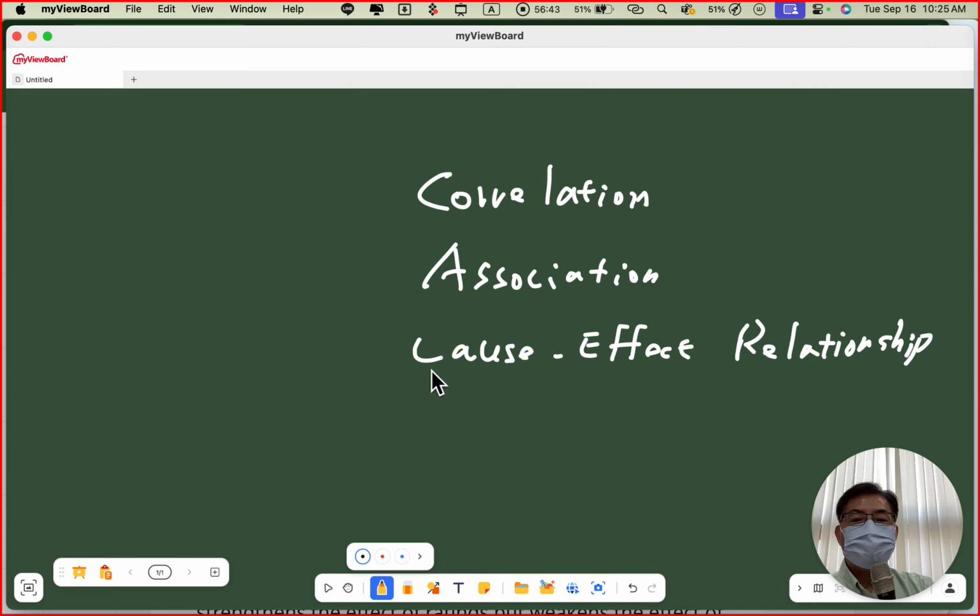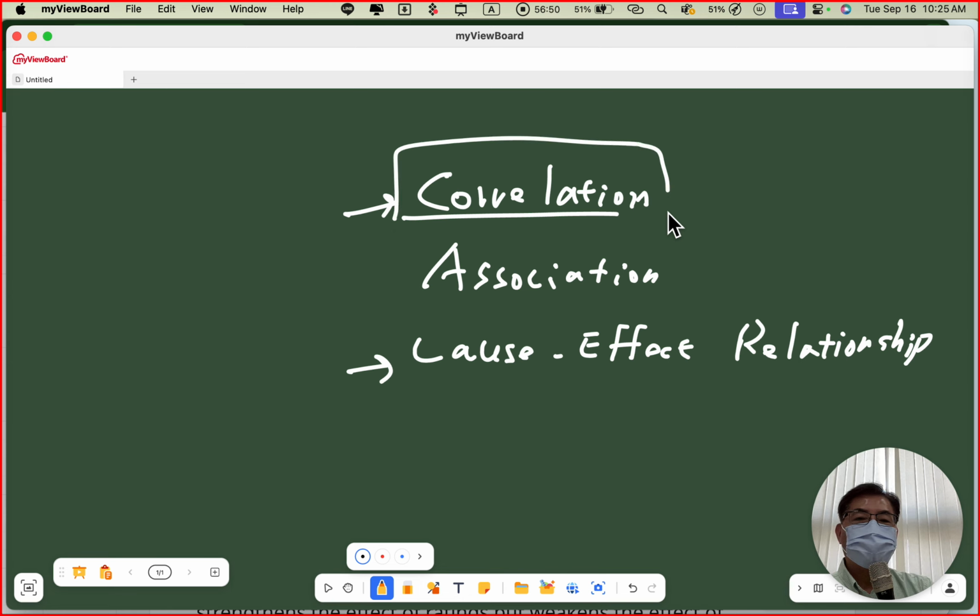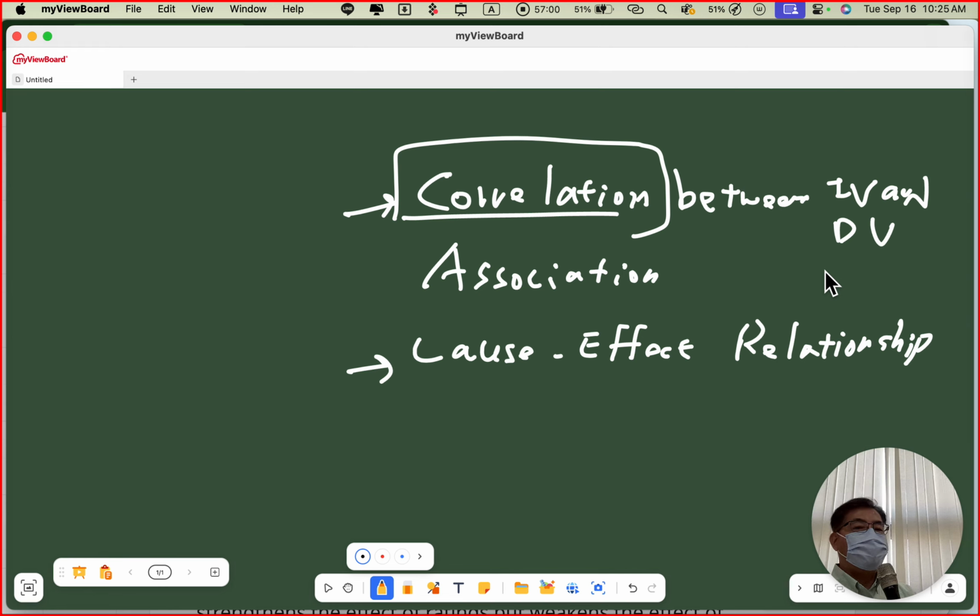When you want to study the cause and effect, you have to make sure you have the correlation between IV and DV, right? Maybe there's a positive correlation, maybe negative correlation, but you cannot say that X influences Y.